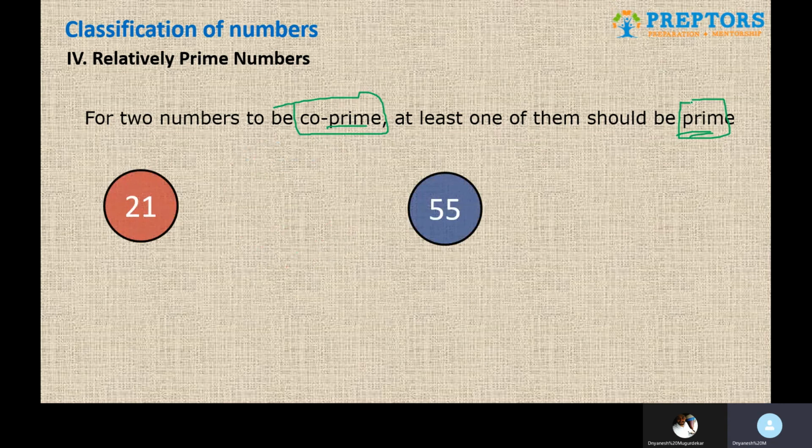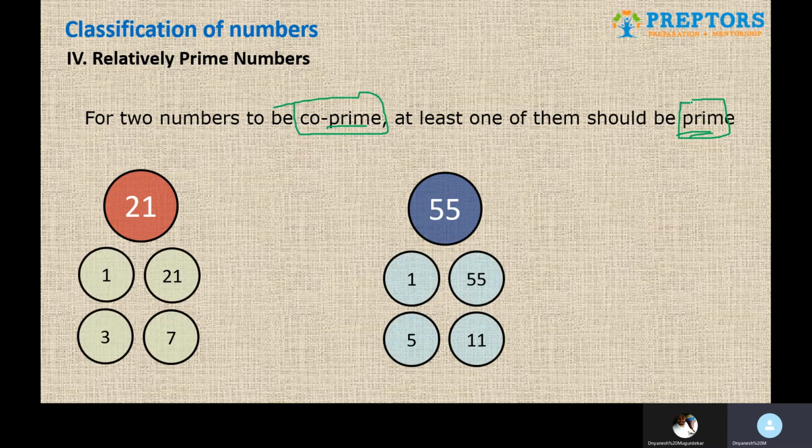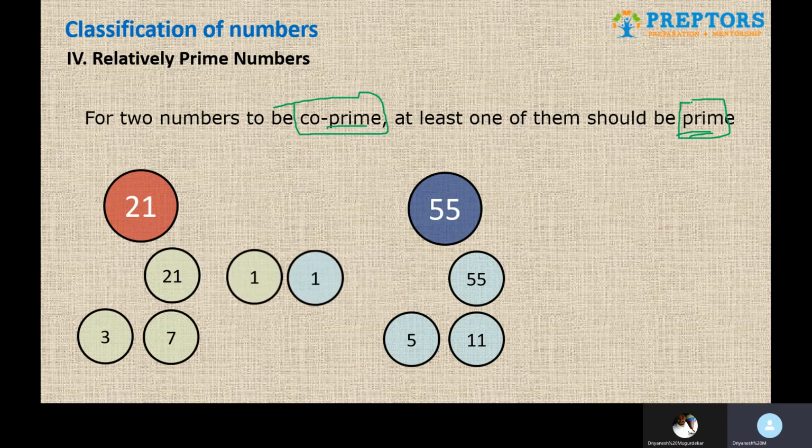Example 21 and 55, both are composite by their own nature because they have more than 2 factors when you factorize. But when you compare them to check if they are co-prime, yes, they are co-prime because there is just one common factor between them. So the hypothesis is a false hypothesis.